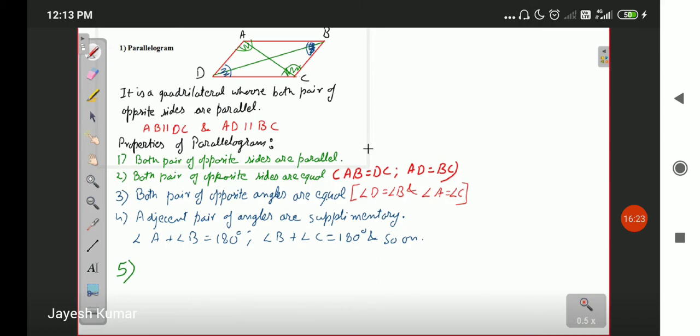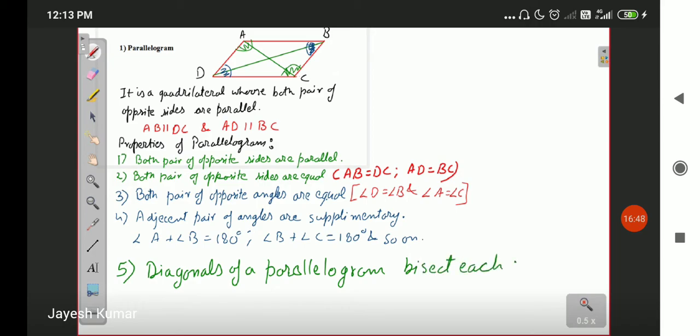After that, there is one more property, that diagonals of a parallelogram bisect each other.